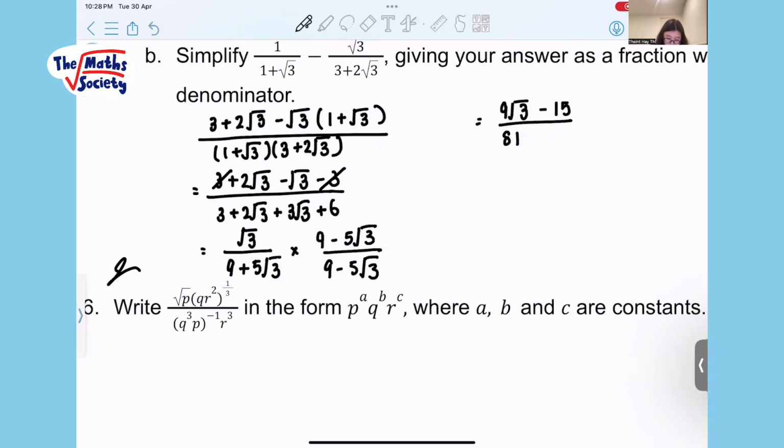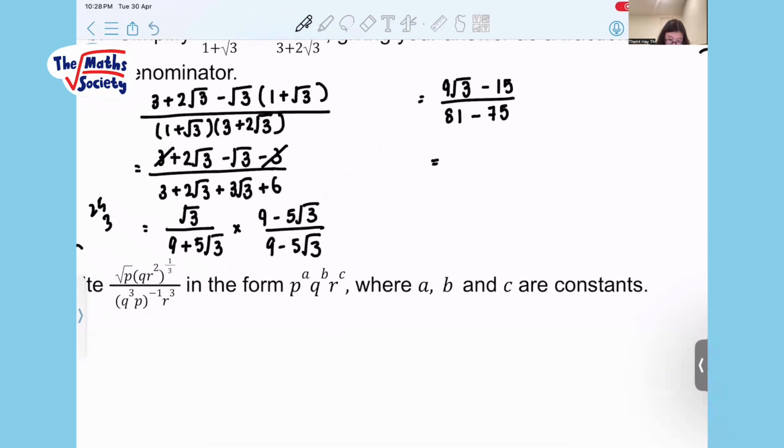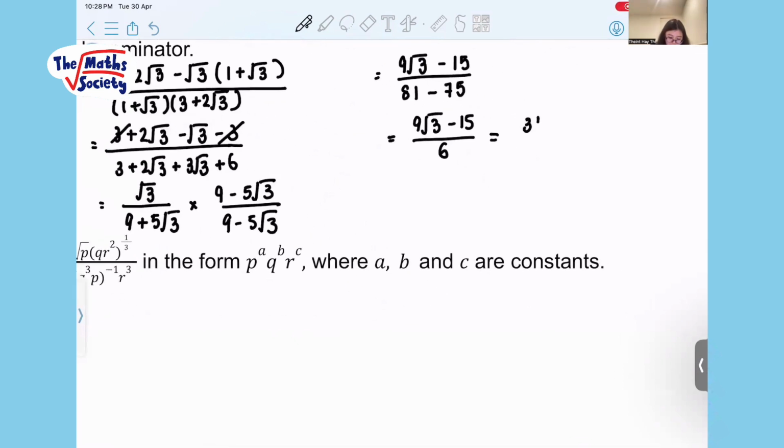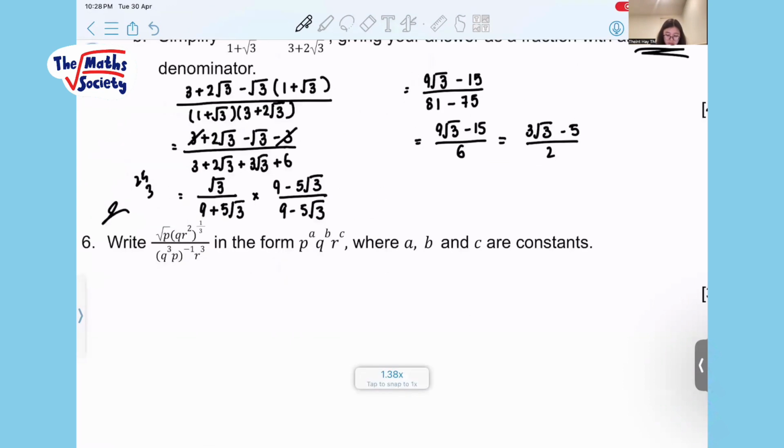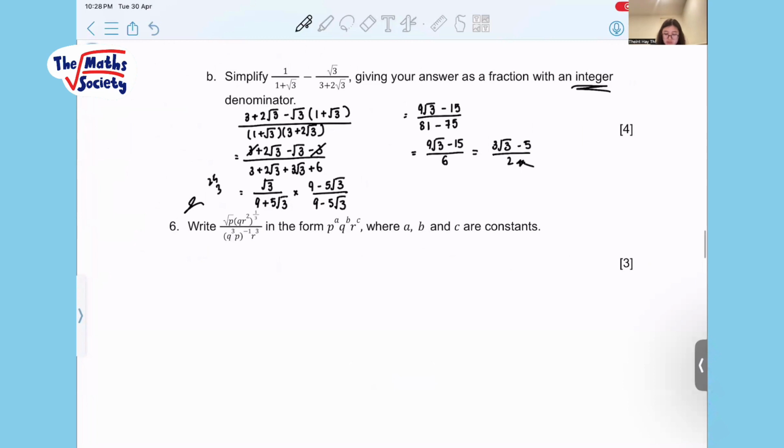And then it's just minus 5 times 5 is 25, 25 multiplied by 3 is 75. So you'll have 9 root 3 minus 15 by 6, I believe, yep. And then you just divide it by 3, 3 root 3 minus 5 by 2. And we now know that the denominator is an integer.